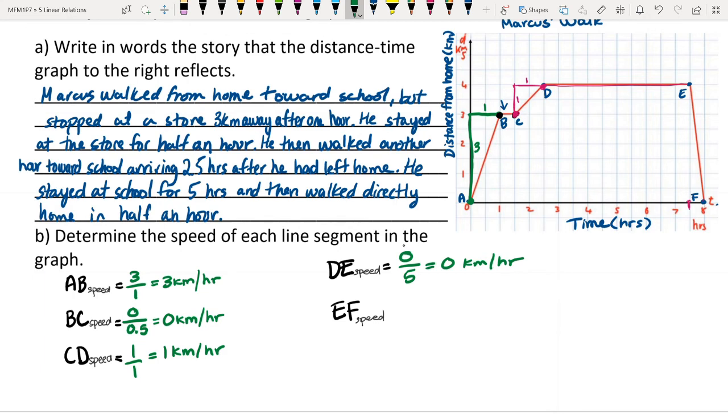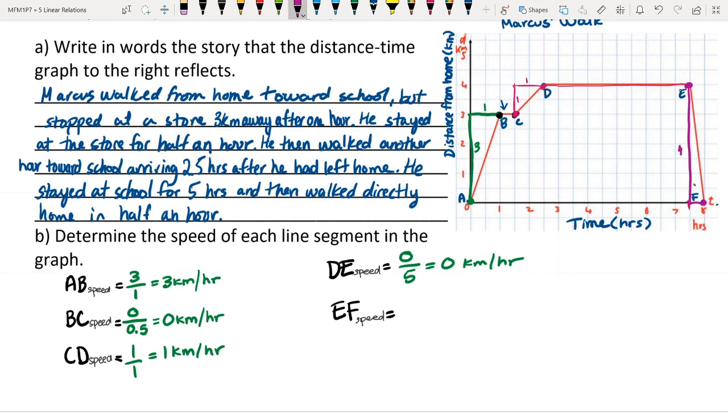EF, we find our 2 clear points. Here's one point. Here's the other point. This point here is at 7.5. E is at 7.5. And in terms of distance, it's 4 kilometers away. If we draw our right angle triangle, it's like this. What's the rise? 4.